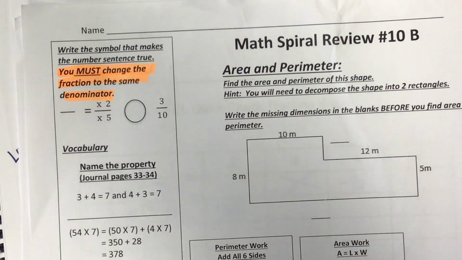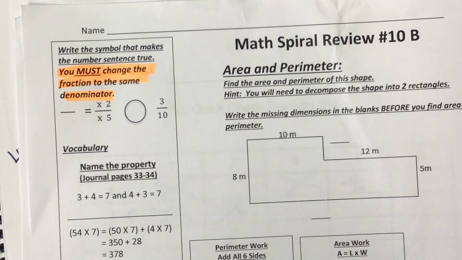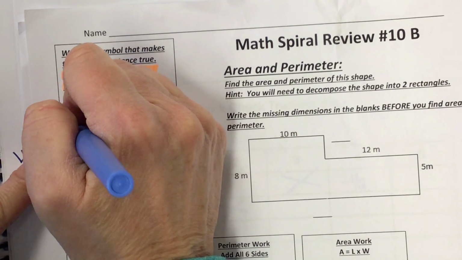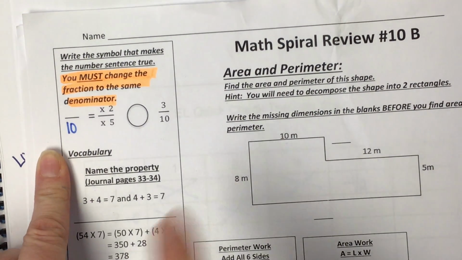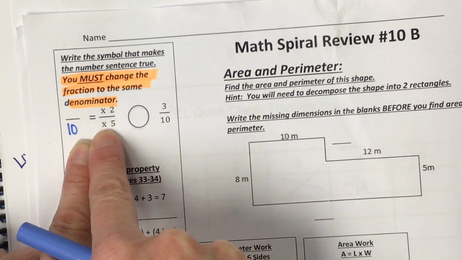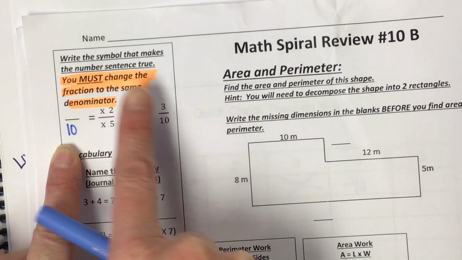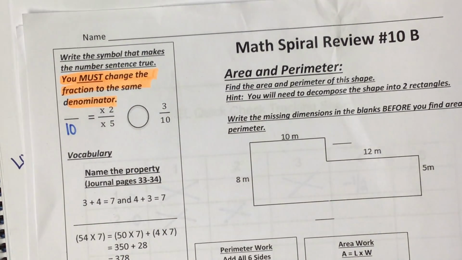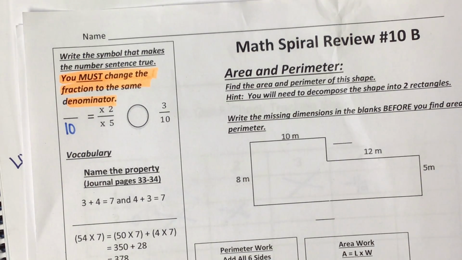To find an equivalent fraction, multiply or divide the numerator and denominator by the same number. So, in order to get a fraction over here that has a denominator of 10, 5 times 2 is 10. I need to multiply my numerator by the same number.